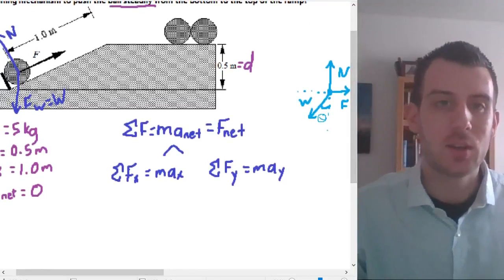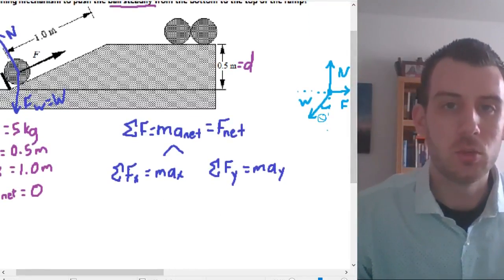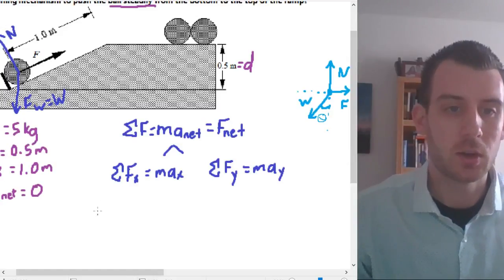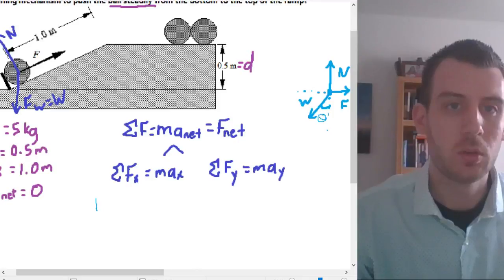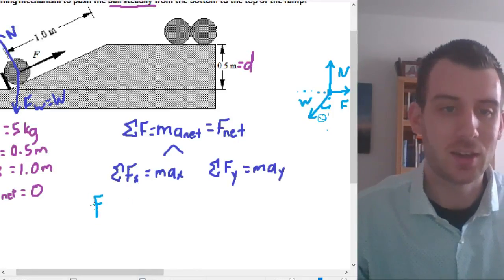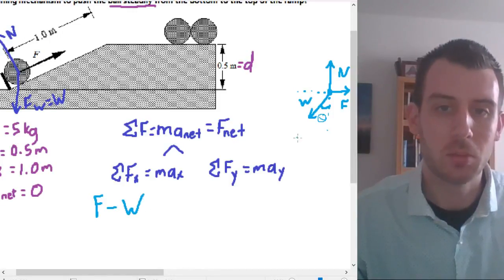Okay, moving down with the rest of our math. If we are going to break down the sum of forces in the x using our new free body diagram, well, the sum of forces in the x, I've got a positive F force. I've got a negative weight component, and my component is going to be the opposite of that angle theta.